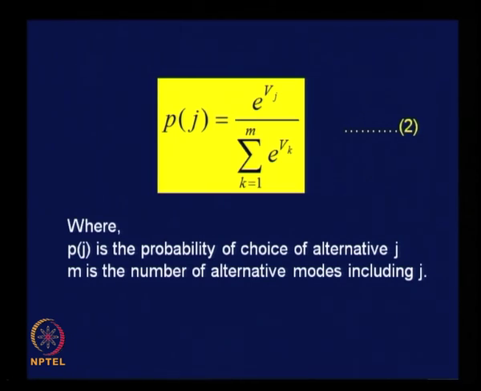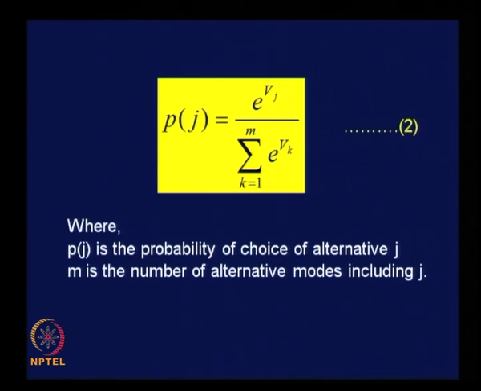If there are only two modes available for travel, then we can write P1 equal to e power V1 divided by e power V1 plus e power V2, isn't it? Or P2, probability of choice of 2, will be e power V2 divided by the same denominator, e power V1 plus e power V2.